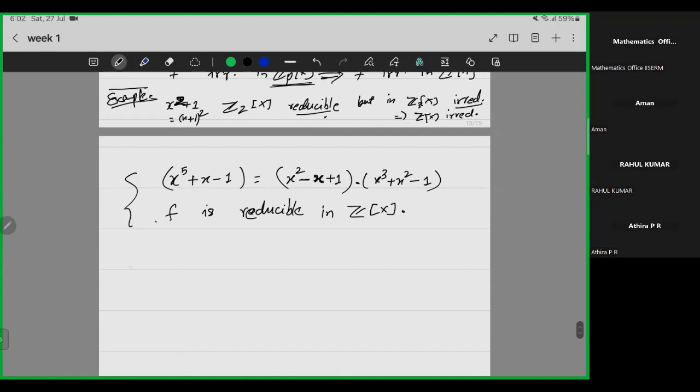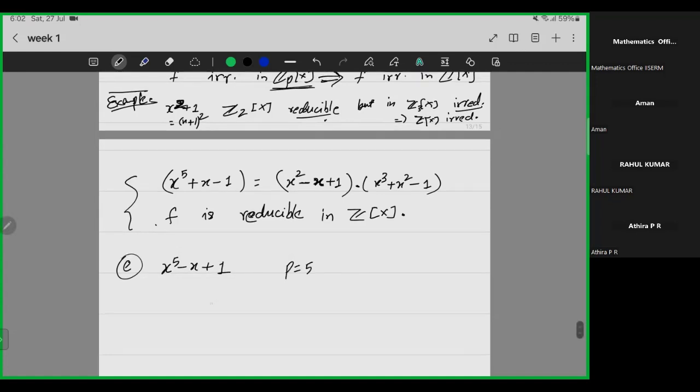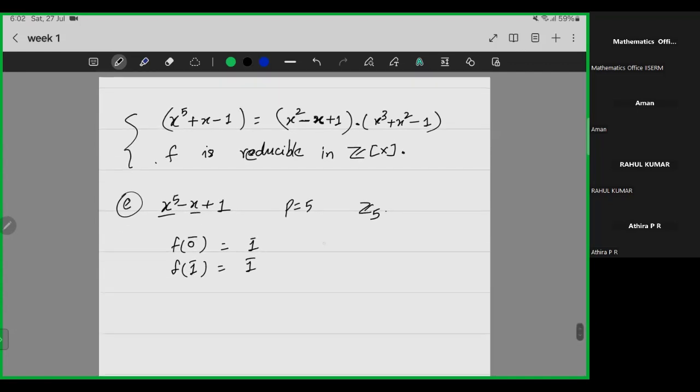What about the last one? E part. It is x^5 - x + 1. If this is your polynomial, take p equal to 5. Then in Z5[x] it has no roots. We can check it. f(0) is equal to 1 bar only. f(1 bar) is equal to 1, the 1s get cancelled and this one remains, 1 bar. f(2 bar) is equal to 2^5 - 2 + 1 mod 5.